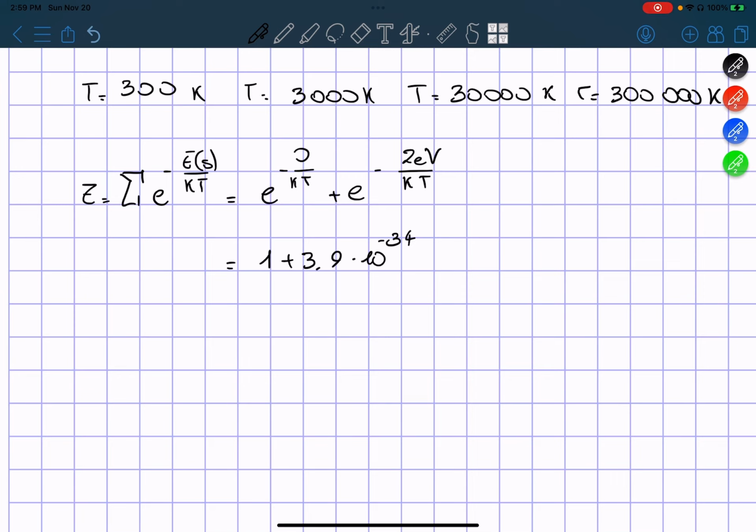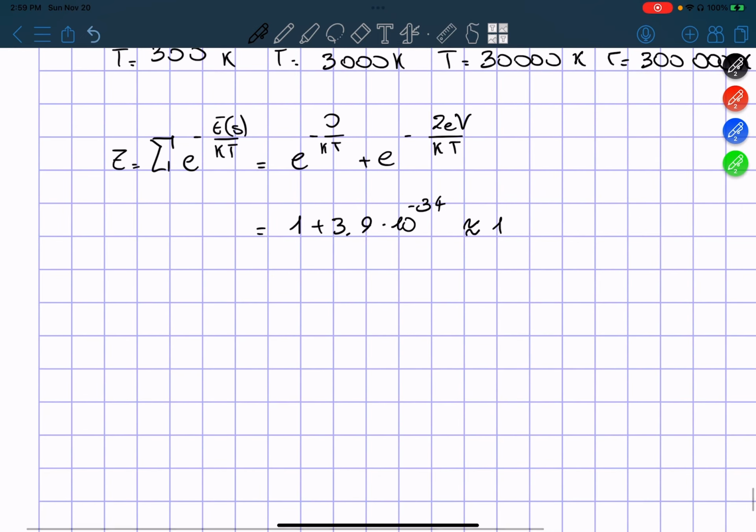So we could just say that our partition function is approximately just 1. There's not much to add to this because negative 34 is pretty much pointless to add.